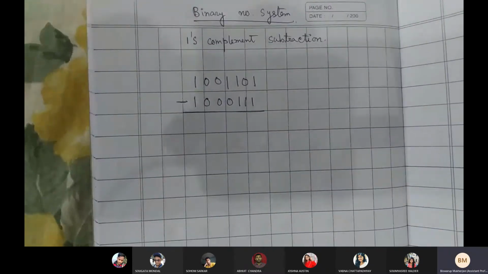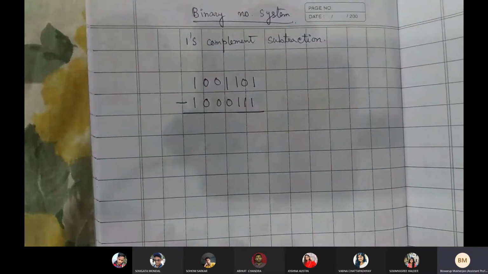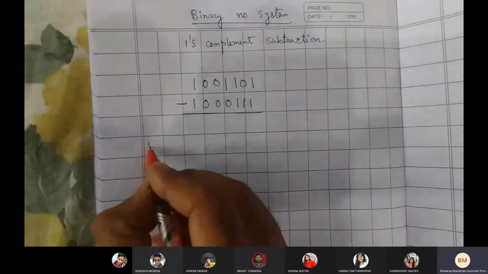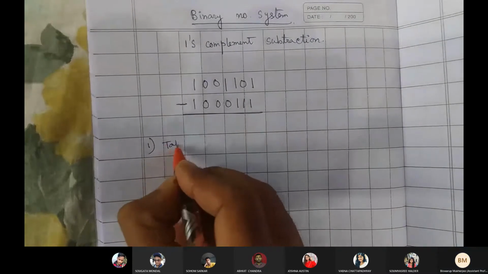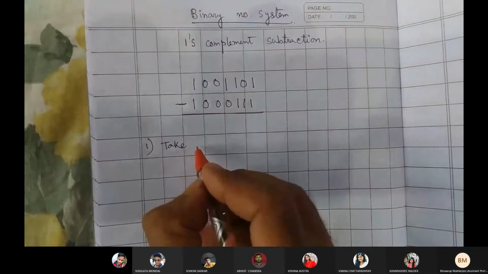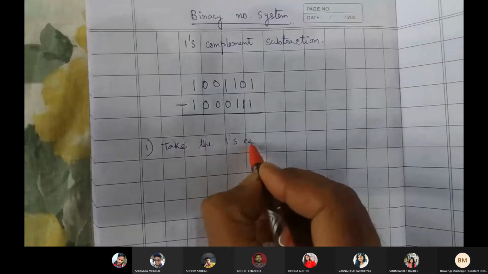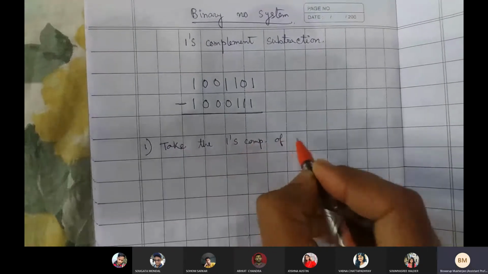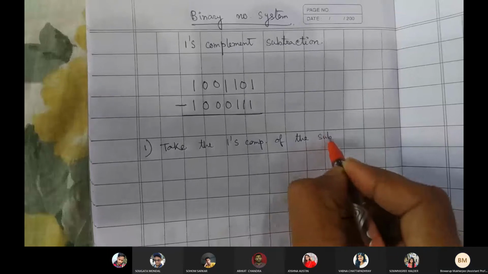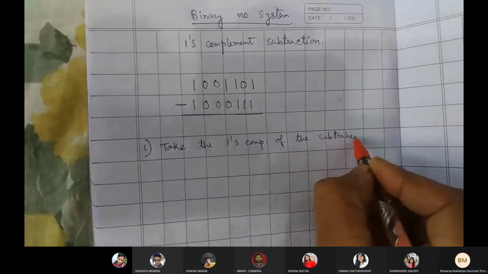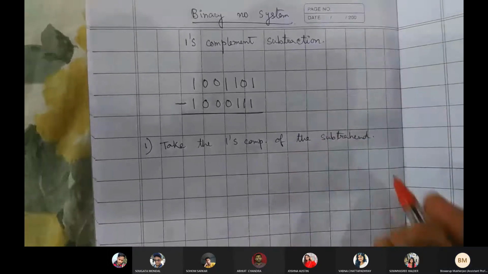এইটা আমাকে বিয়োগ করতে হবে using ones complement method. The process is same. Initially, first take the ones complement of the subtrahend. Right.